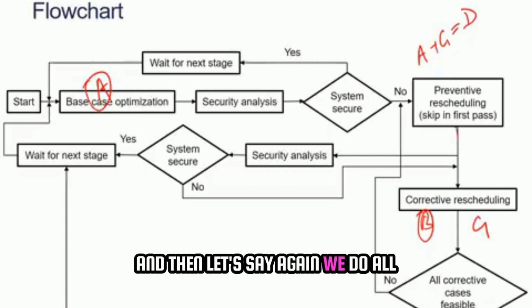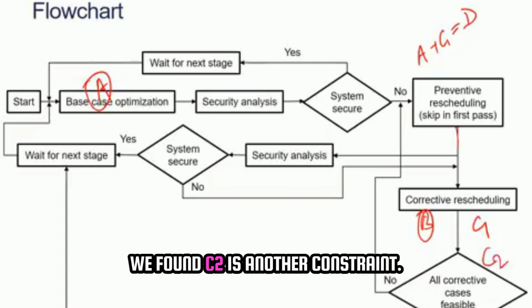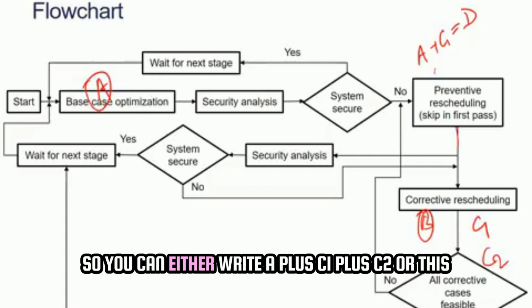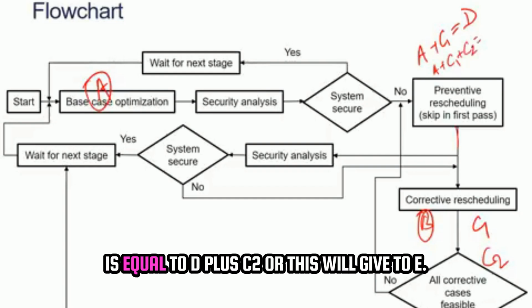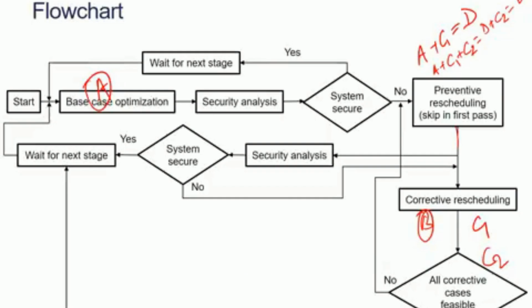Then again we do all the iteration and come to the corrective rescheduling. We found C2 is another constraint, so you can either write A plus C1 plus C2, or this is equal to D plus C2, which will give E, right?